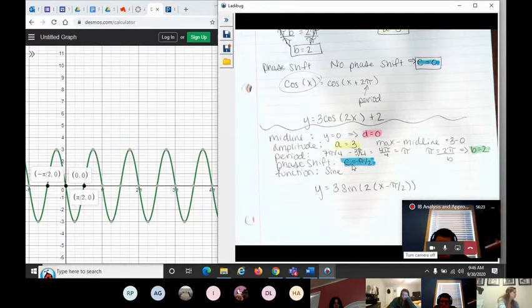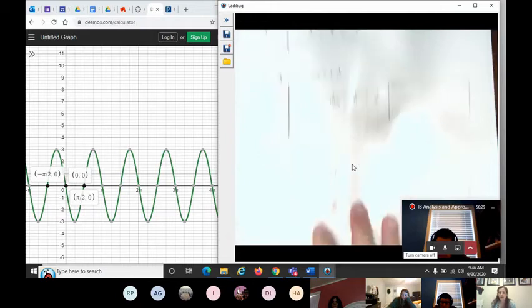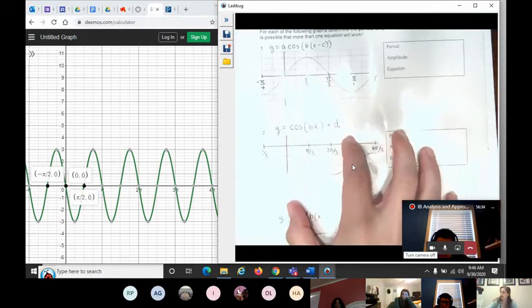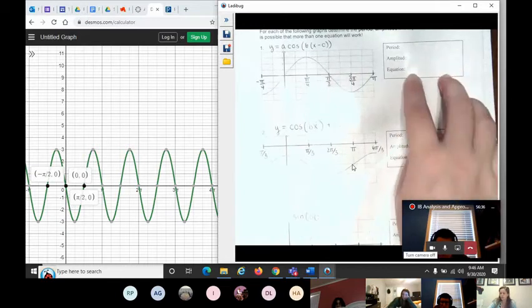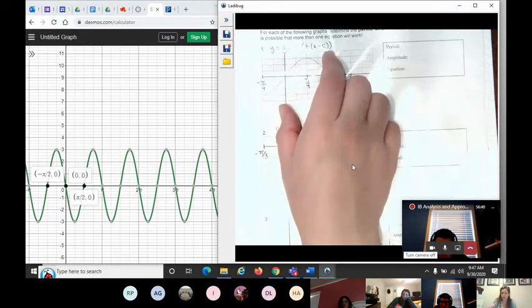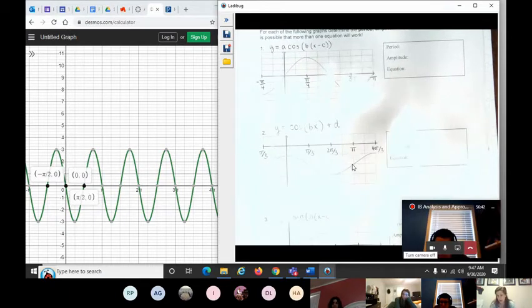So the partner work you have today, we are in class, you would work in partners, has graphs here, all right? And you guys are trying to find the period, the amplitude, and the equation, okay? You're basically filling in all of these values. You need to show all of the work that you can show.